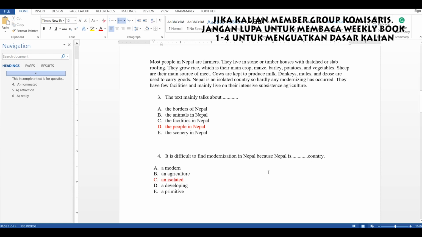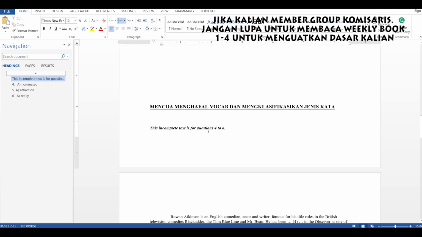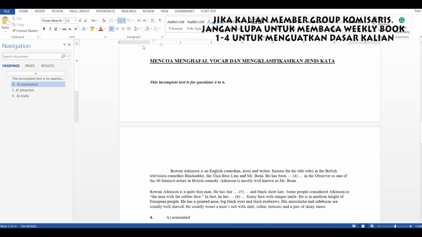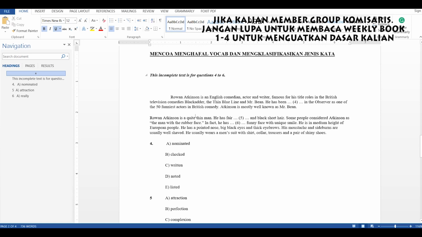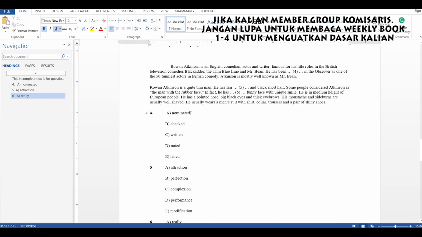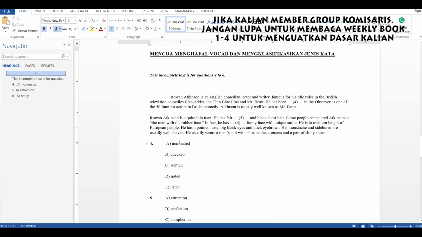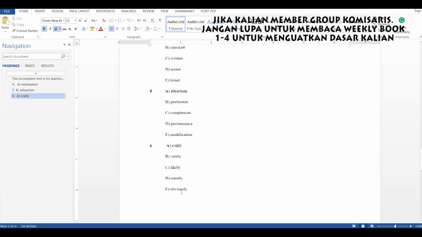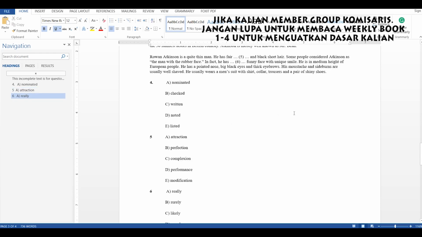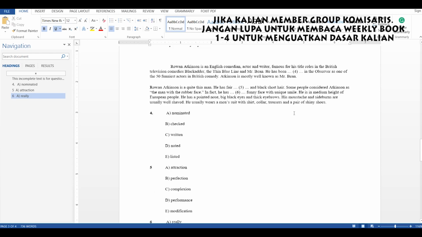Now the second trick is to try to memorize vocabulary and classify the words. If you find a question like this, one thing you have to do before doing it is practice memorizing vocabulary. If you are a member of the Fomisaris group, you already know the classification of words which we discussed in the part of speech material in weekly book 1.